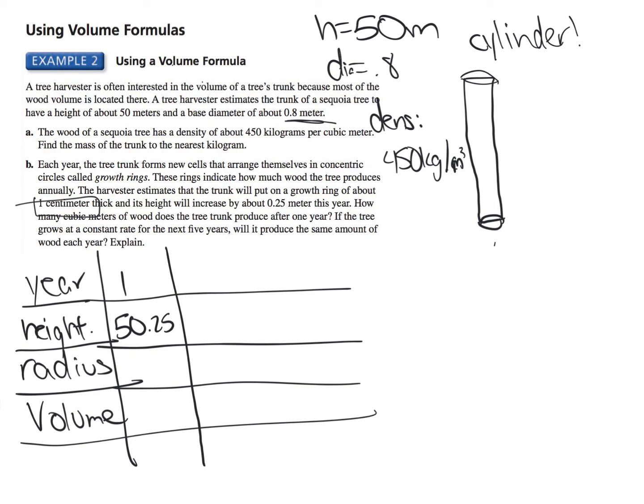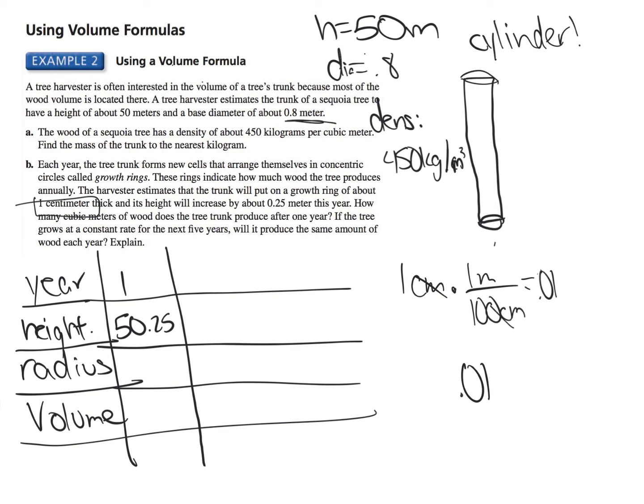Setting up the conversion if you weren't aware, 1 centimeter can be changed over by saying 1 meter is 100 centimeters. That crosses out and you get 0.01. So it's growing 0.01 meters each year.